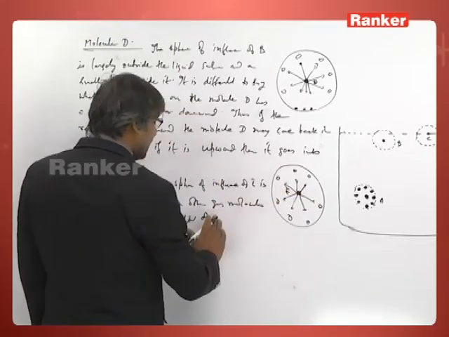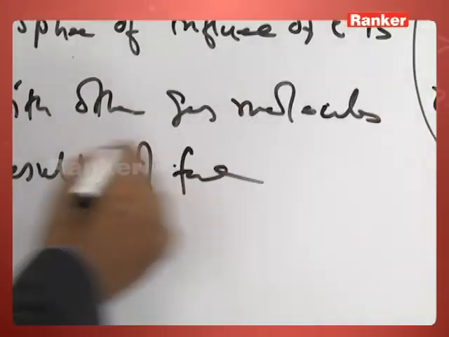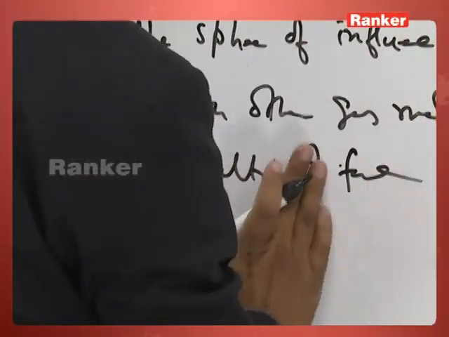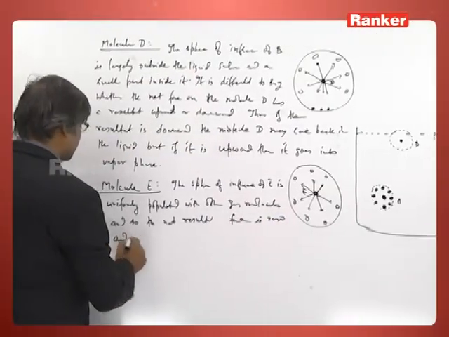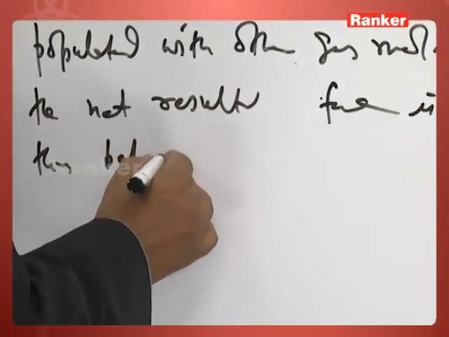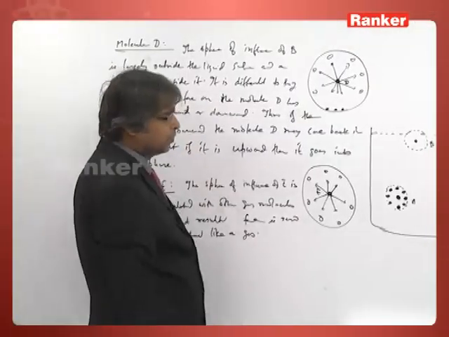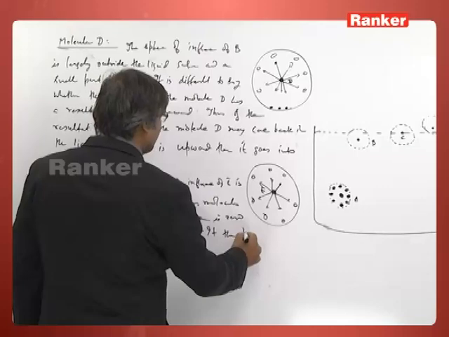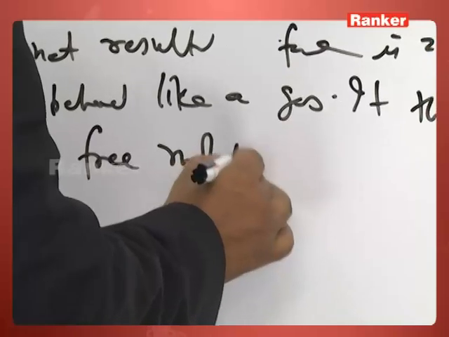So, I do not call it adhesive nor cohesive, the net force. So the net resultant force is 0 and E thus behaves like a gas. That means it does not come to the liquid. So, now it is free. It then becomes a free molecule, a gas molecule.